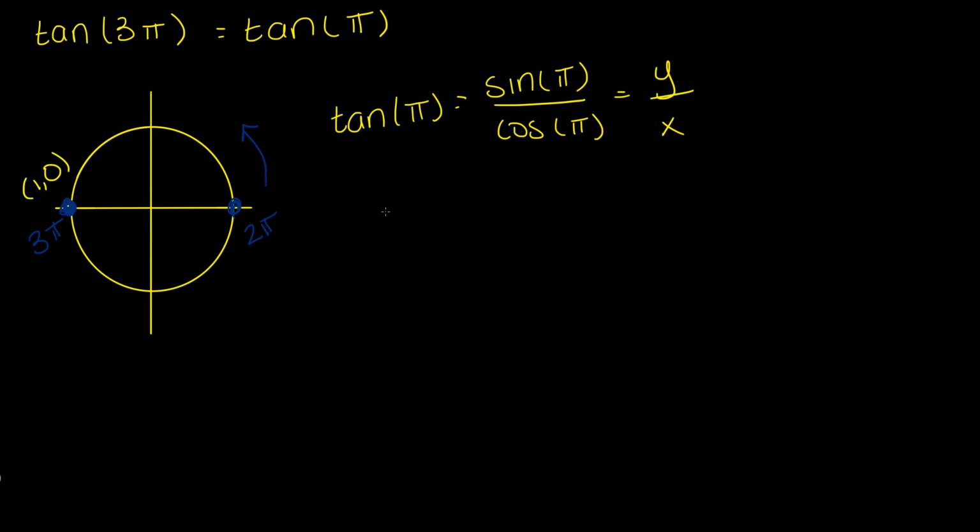So we get tangent of pi equal to 0 over negative 1, because we're in the negative direction, which is going to be 0. Therefore, tangent of 3 pi, which is the same position on the unit circle as tangent of pi, is equal to 0.